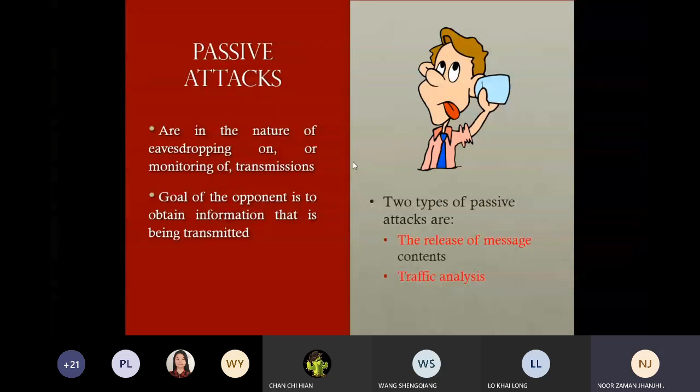In these types, there are so many, because these are the major classifications. Inside them there are so many different attacks. They come under each group. So you can see in passive attacks, there are mainly two types of attacks. They release the message contents, and they also do traffic analysis. Let's go back.